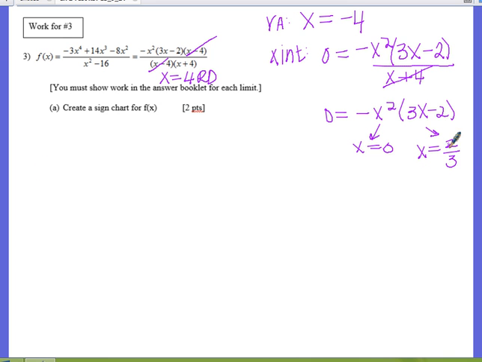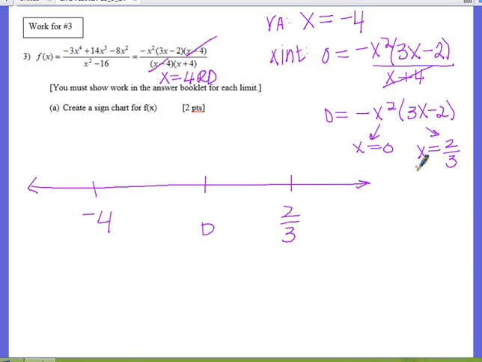So my sign chart has, I believe, negative 4, 0, and 2/3. If by chance you ended up having 4 on there, it's not wrong. You don't have to have it though. So that's undefined. This is my vertical asymptote. I'll even write that down there. Alright, so I'm going to substitute in a very large negative number.